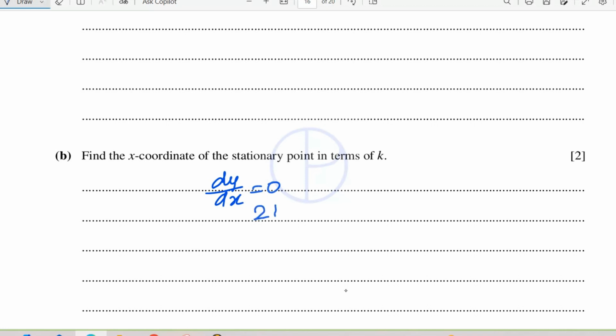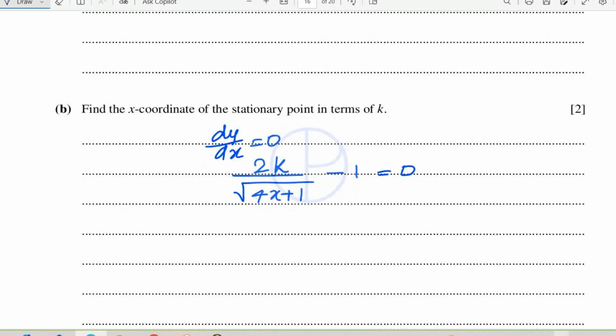So 2k divided by square root of 4x plus 1 minus 1 equal to 0. 2k divided by square root of 4x plus 1 equal to 1, or 2k is equal to square root of 4x plus 1.